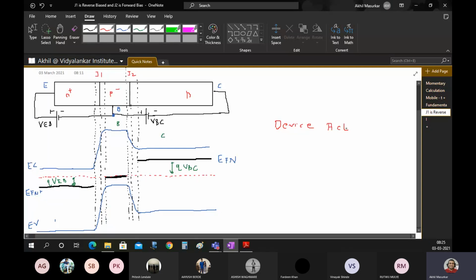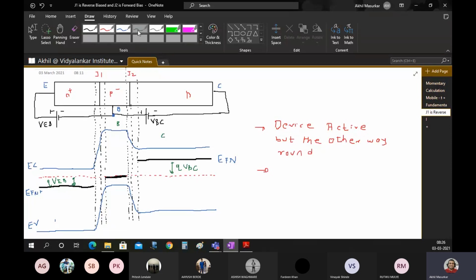But the other way round, that is why we call this mode of operation reverse active.